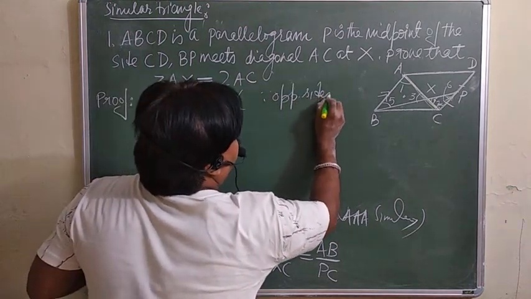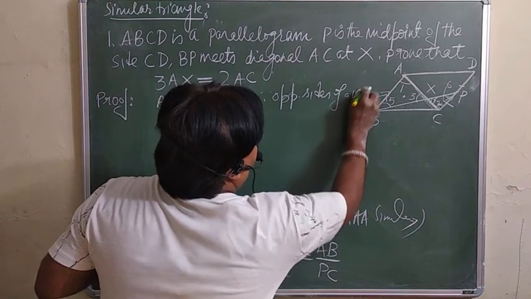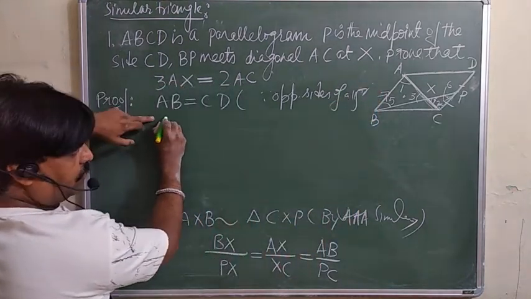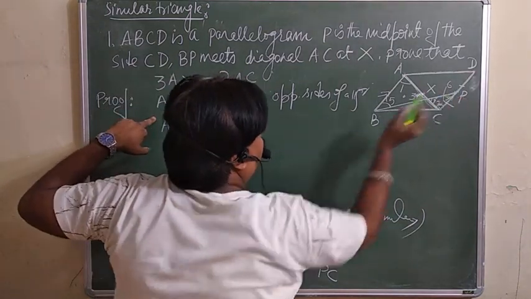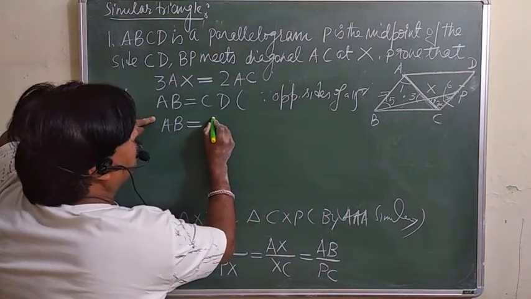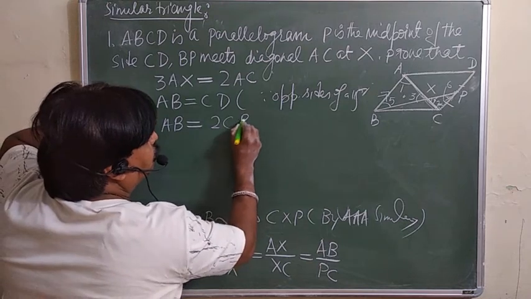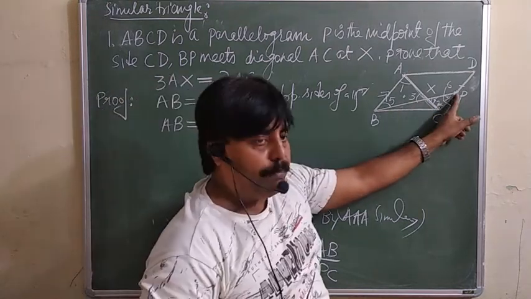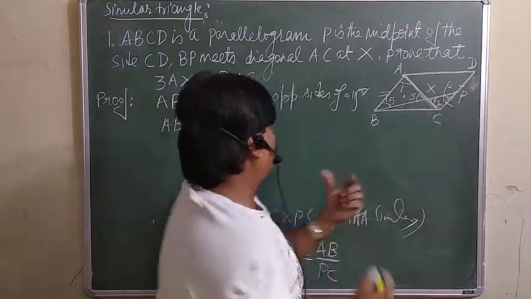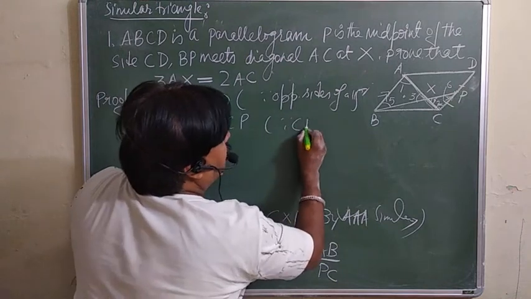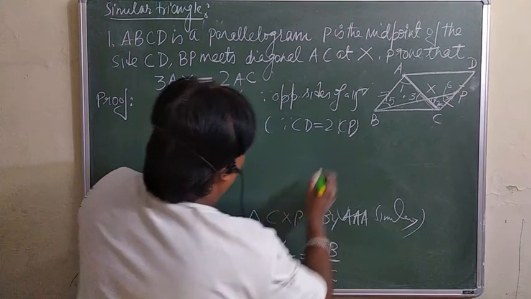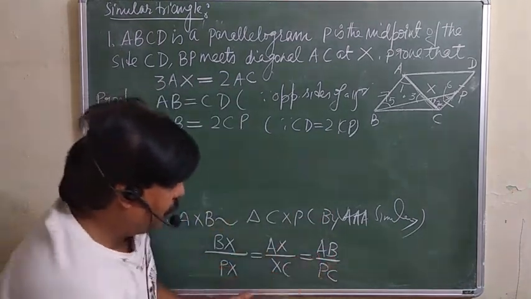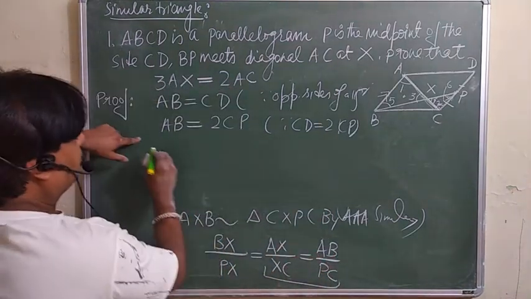Because P is the midpoint, which is already given, AB will be equal to twice CP. Because AB is equal to CD, and CD is equal to twice CP. Now the value of this AB you can put here, so you will get one of the relations.